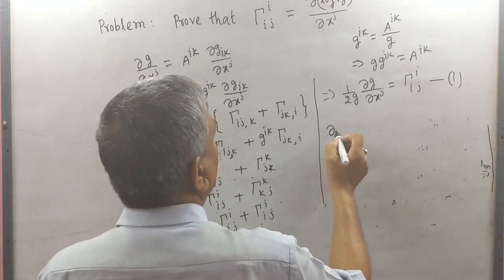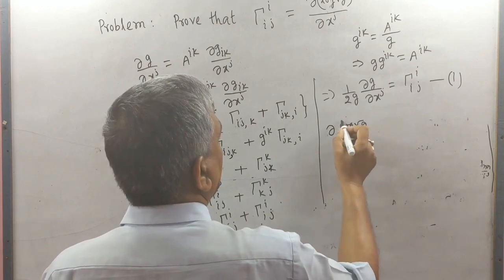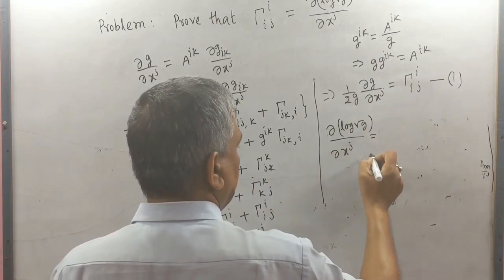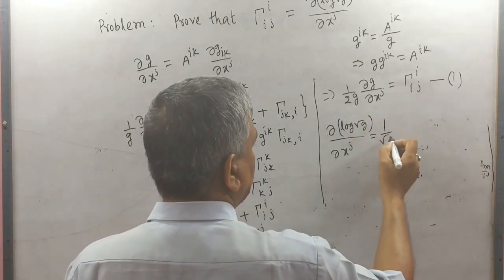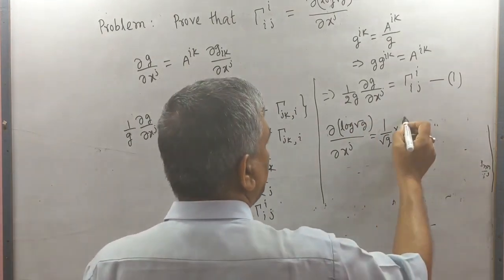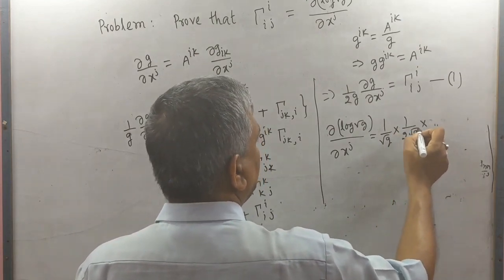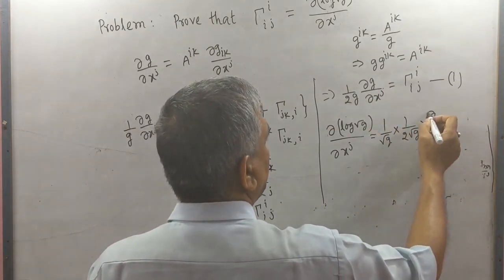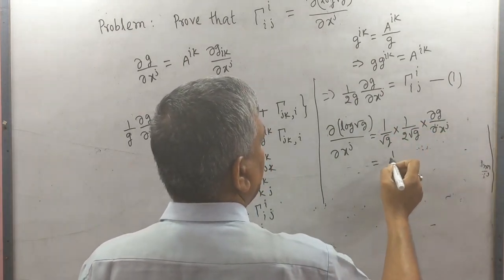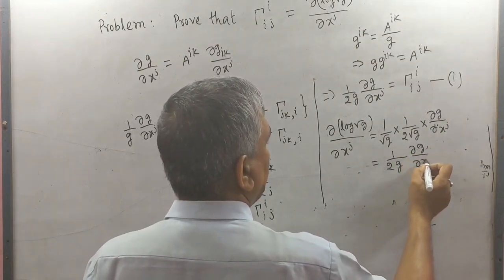Now del log root g by del xj equal to, firstly, log 1 by root g differentiate, then differentiation of root g gives 1 by 2 root g, then differentiation of g, del g by del xj, equal to 1 by 2g del g by del xj.